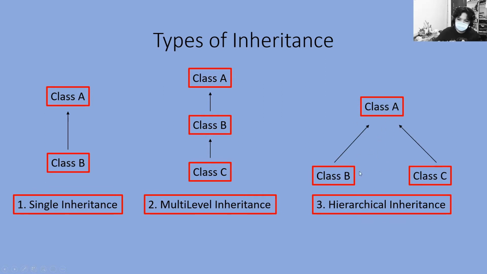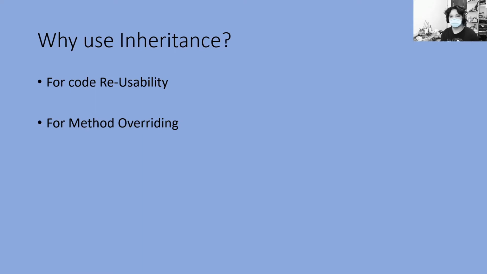Just like the example from earlier, we have the dog class and the cat class, and we have the animal class. So why use inheritance? It is mainly used for reusability, and when we use inheritance, we remove all the redundant code, just like what we did in the example earlier.